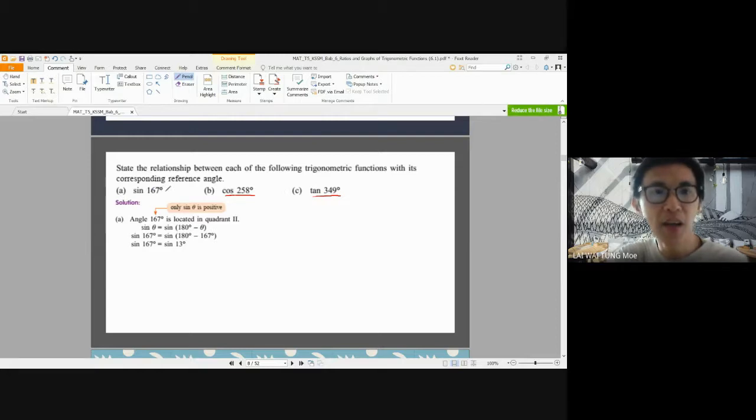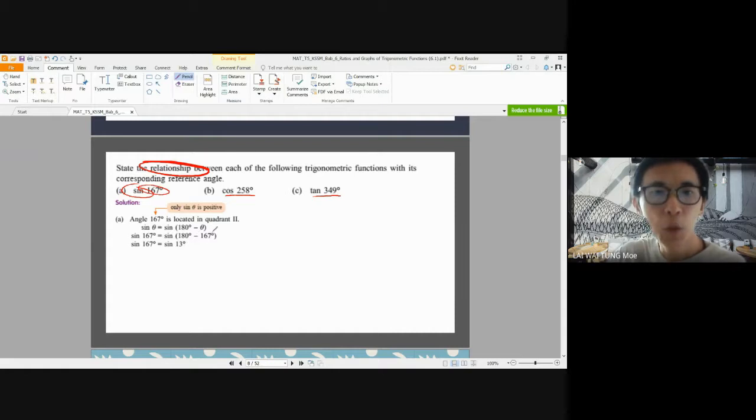To state the relationship, you have to find out the alpha, the value of alpha. Then you have to determine whether sin in that quadrant is positive or negative, because you need to put the positive or negative sign in front.